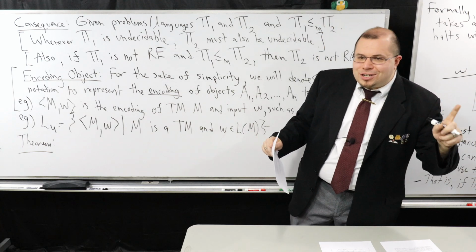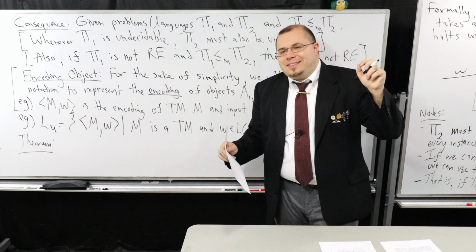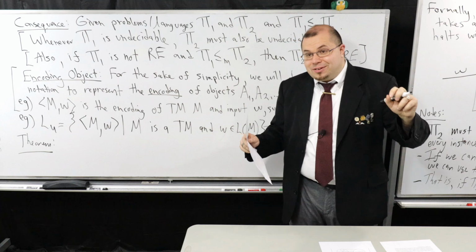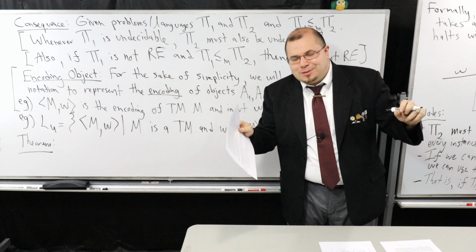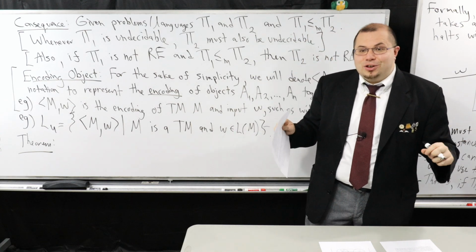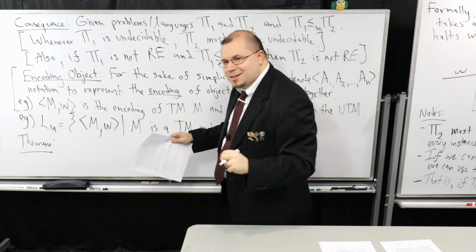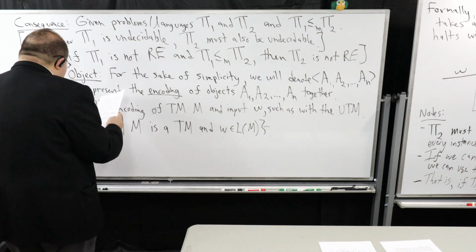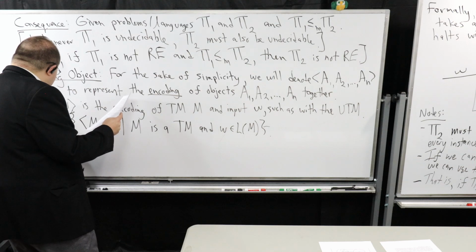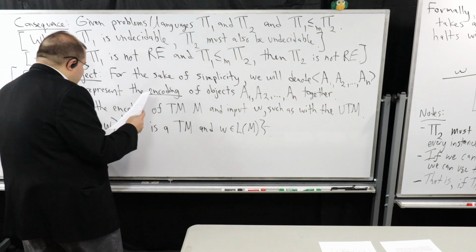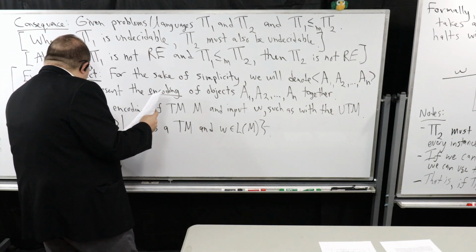If I find just some reduction, and the original problem's undecidable, then most certainly the new one I'm considering also must be undecidable. That's what we're going to use these reductions for. The halting problem.